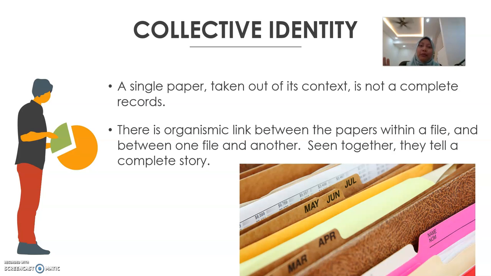If we are missing the financial information for June and July, we cannot generate the overall revenue and overall expenses for that particular year. That's why it is very important for official information to have the first characteristic, collective identity.